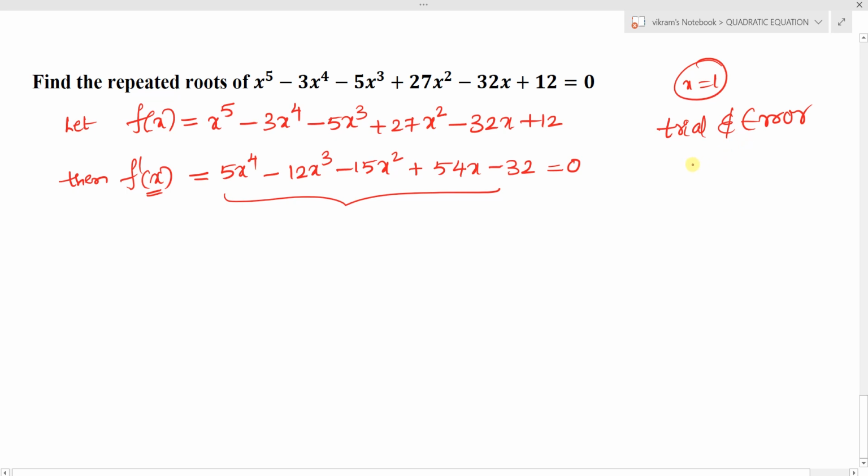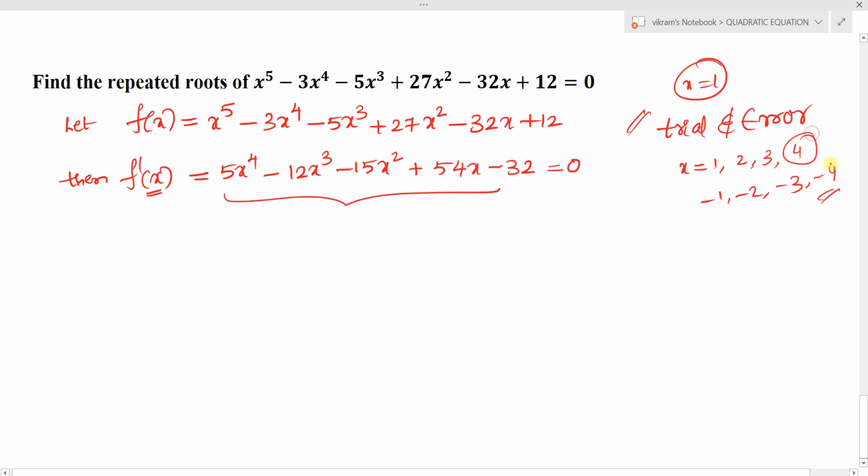Generally in this trial and error method, just put the values of x equals 1, 2, 3 and minus 1, minus 2, minus 3. Generally most of the problems, for our standard, just try these x values. If these are not satisfied, then go for plus 4 as well as minus 4.